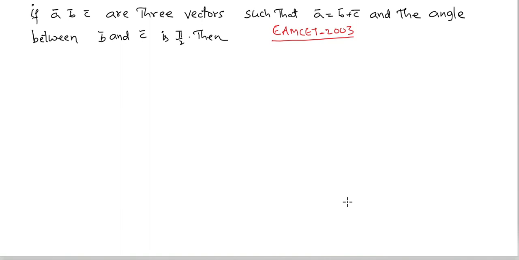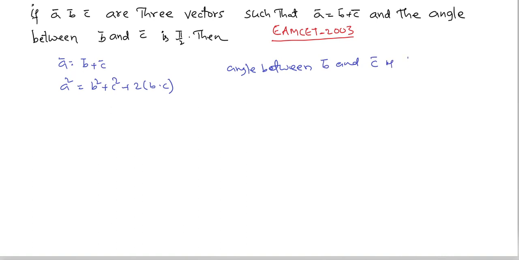If a bar, b bar, c bar are three vectors such that a bar is equal to b bar plus c bar and the angle between b bar and c bar is pi by 2, then dash. Here it is given a bar is equal to b bar plus c bar. Now squaring on both sides, that is a square is equal to b square plus c square plus 2 into b bar dot c bar. Here it is given the angle between b bar and c bar is pi by 2.